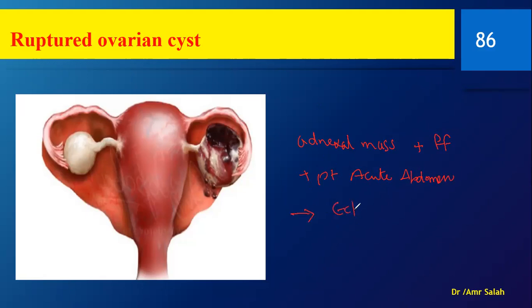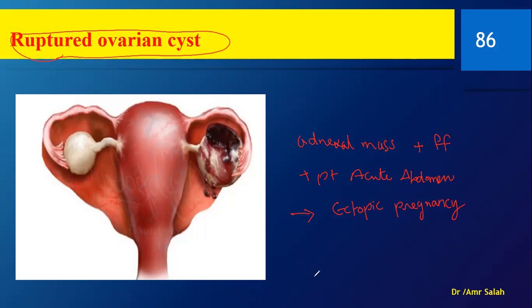An ectopic pregnancy, right? Well, what if she is not married? Do you have any other possibilities? Well, other than questioning her, there is the possibility of a ruptured ovarian cyst. You might think about this as well.